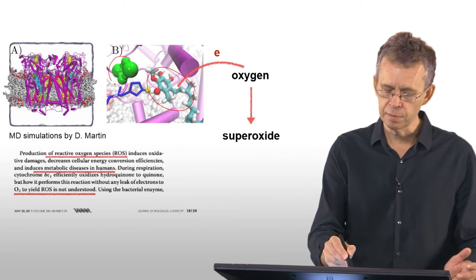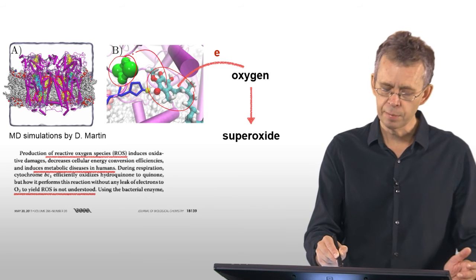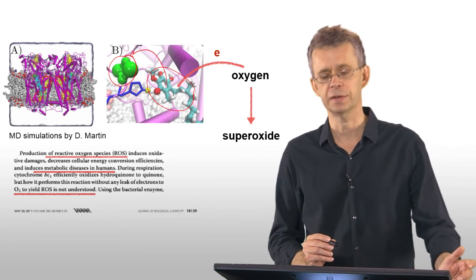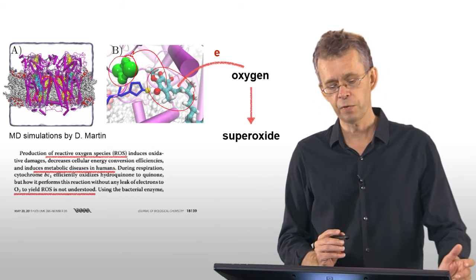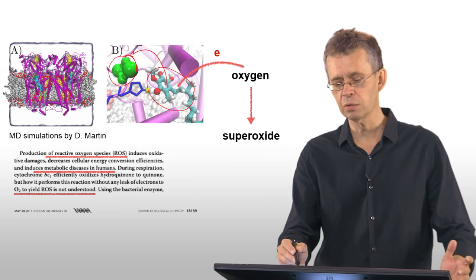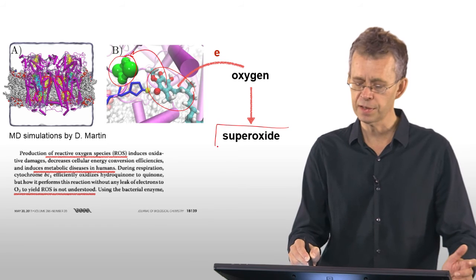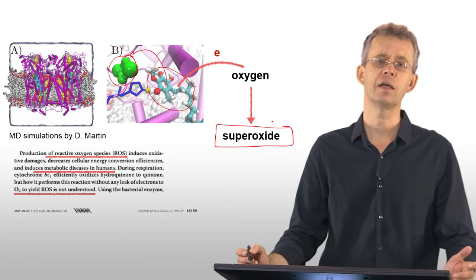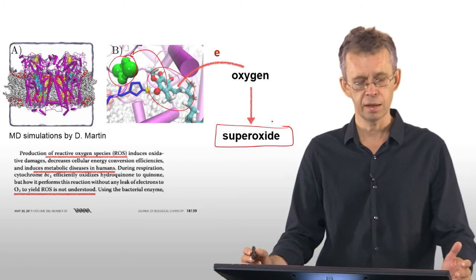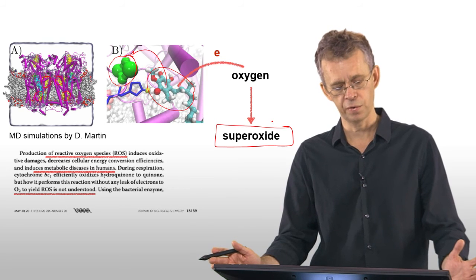In this case, it is supposed to go to this cluster, but instead it can go somewhere else. For this complex, an electron can go to oxygen, creating superoxide, a highly damaging chemical substance which can damage components of your cell.